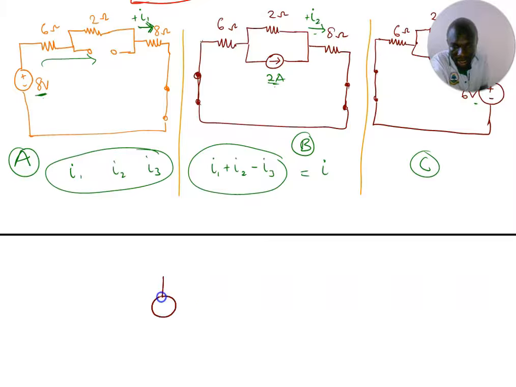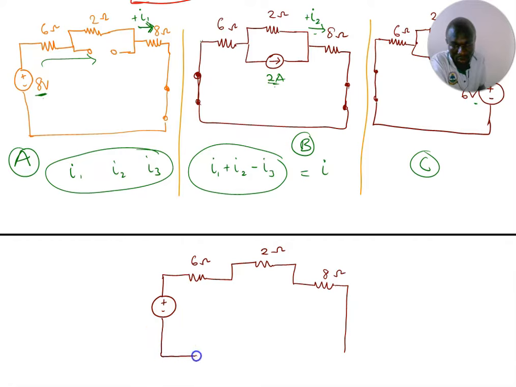I have my plus minus, then I have 6 ohm, and I have 2 ohm. Since it's an open circuit, I can decide not to draw that side at all. Then 8 ohm, because it's an open circuit.